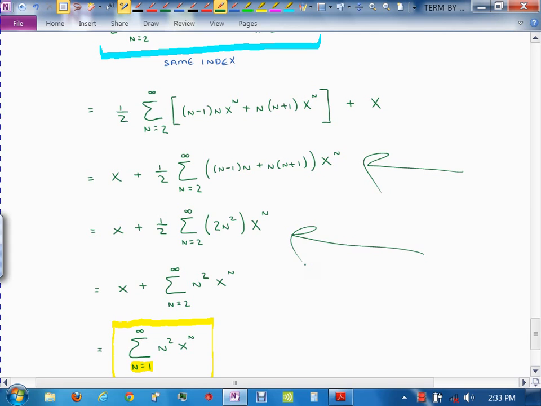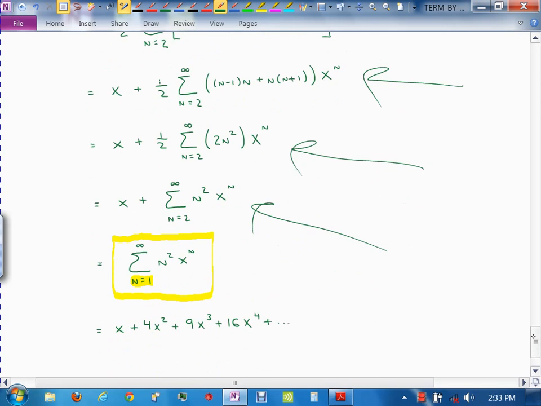What do I do from here to the next line? Put the 1/2 inside, killed off the 2. So I've got this. What do I do from here to here? Well, this doesn't always work, but it works in this case. If n equals 1, what would happen here?